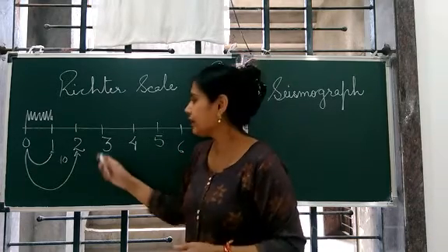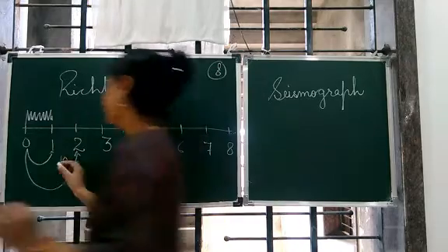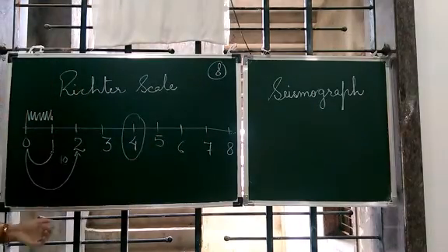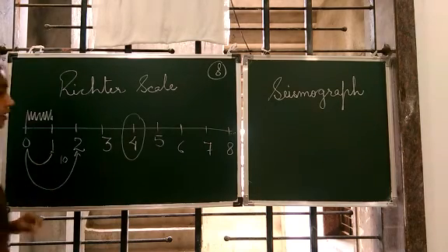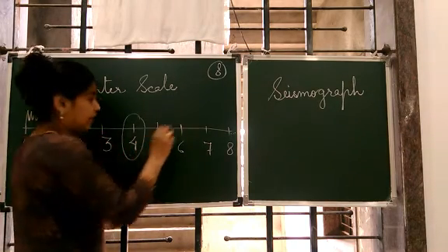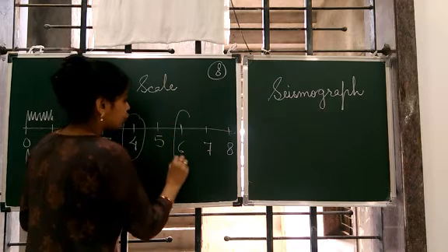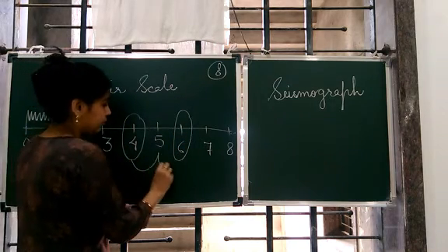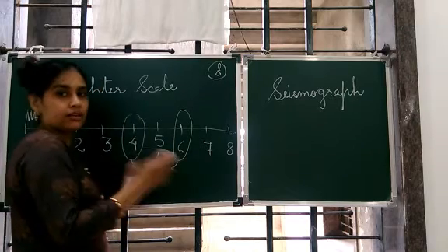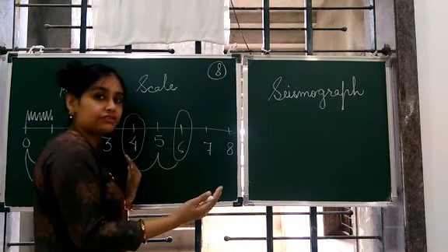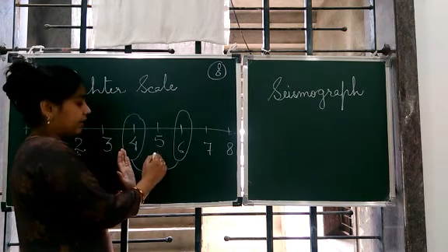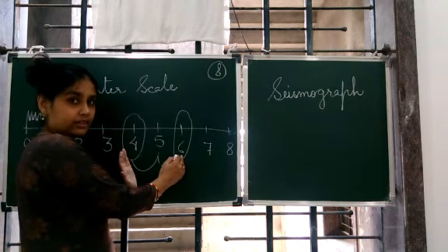Okay, so that means if an earthquake is of magnitude 4 and another earthquake is of magnitude 6, then what is the difference? The difference of strength is 10 times more, that is 10 into 10. Correct? Got it?